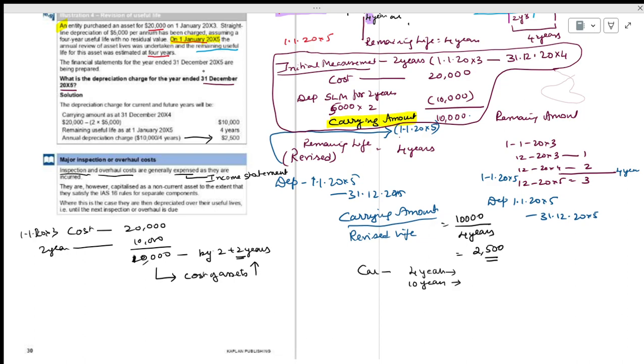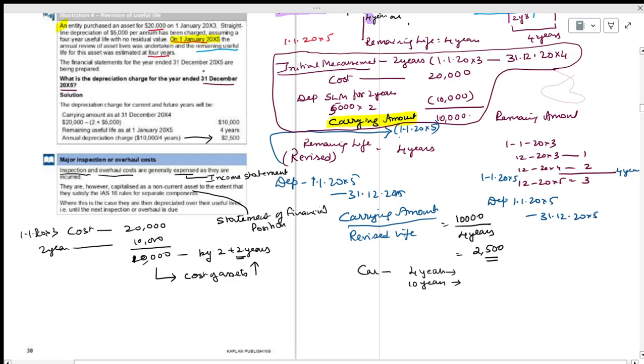Then it should not be shown in the income statement, but it has to be shown in the statement of financial position, the balance sheet. That is the only thing.